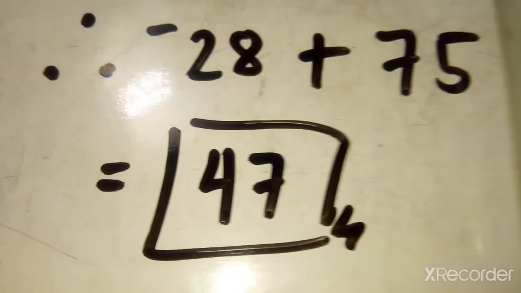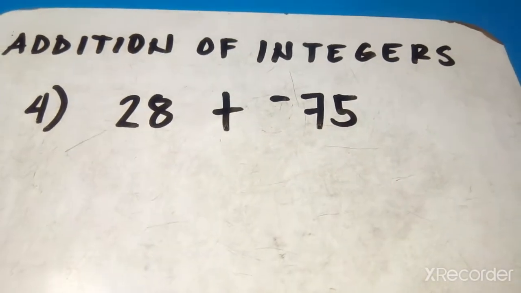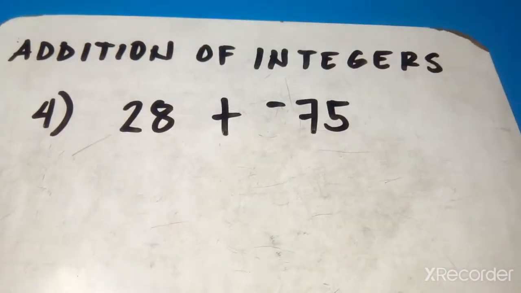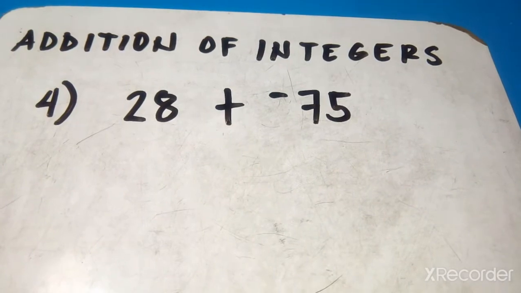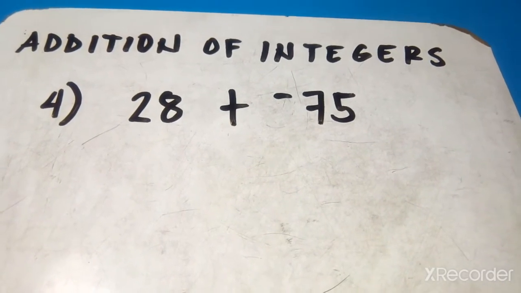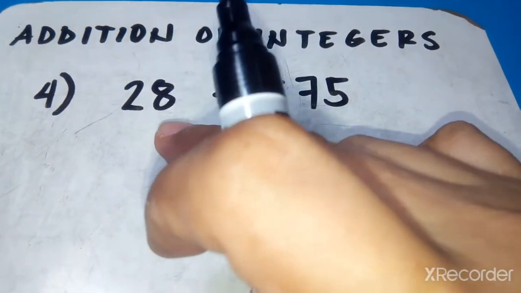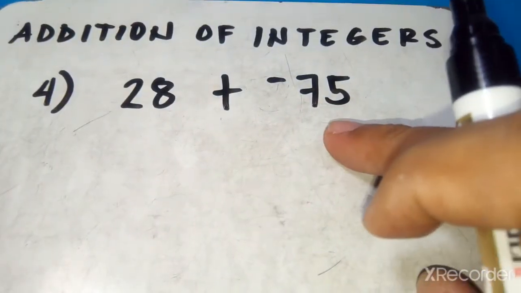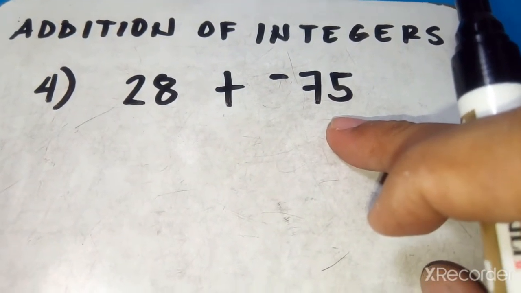Okay, so let's continue. So our next example, number 4: the first addend is positive and the second addend is negative.